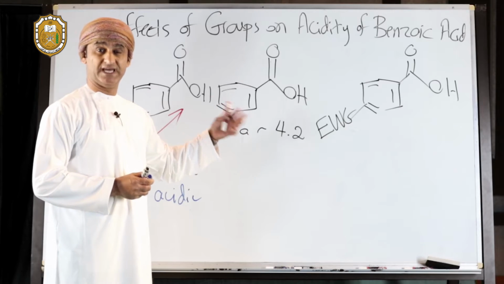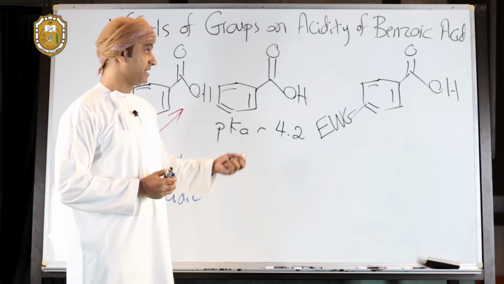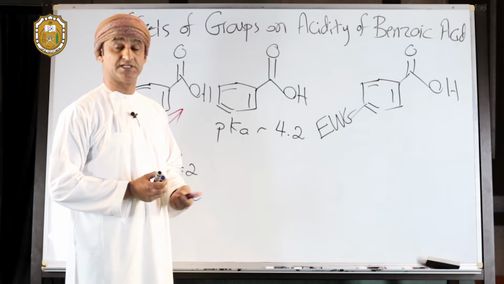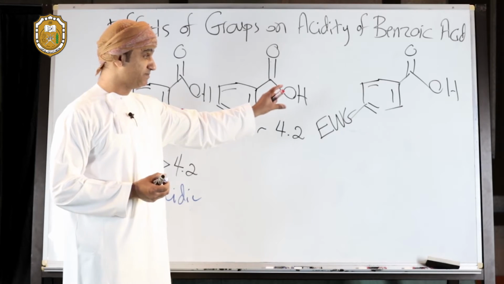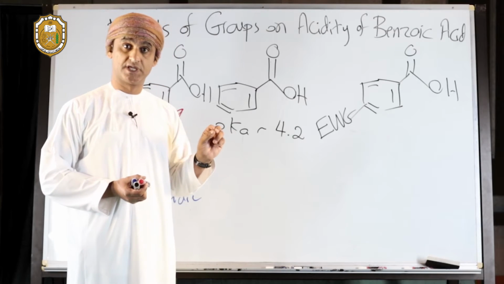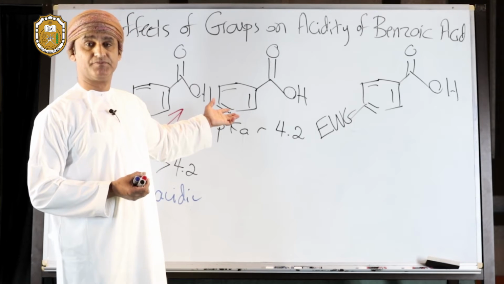Electron-withdrawing groups by resonance or by inductive effect withdraw electrons from the carboxylate, and this results in delocalization of electrons and therefore stabilizing the conjugate base. So these benzoic acids, which are substituted with electron-withdrawing groups, are actually more acidic than benzoic acid itself.